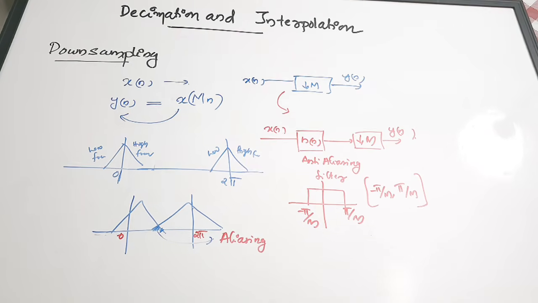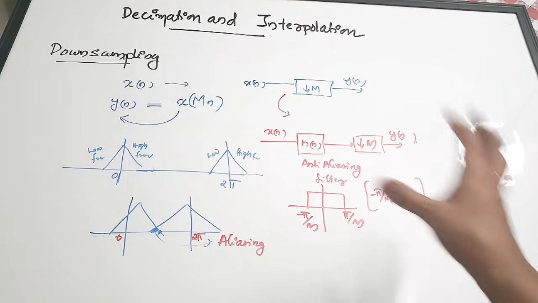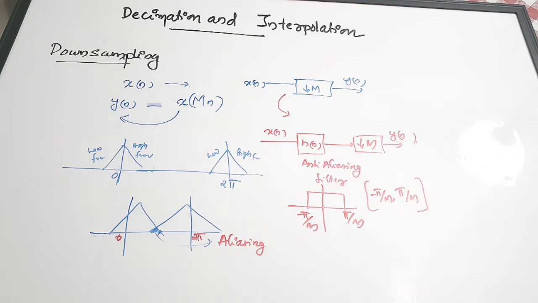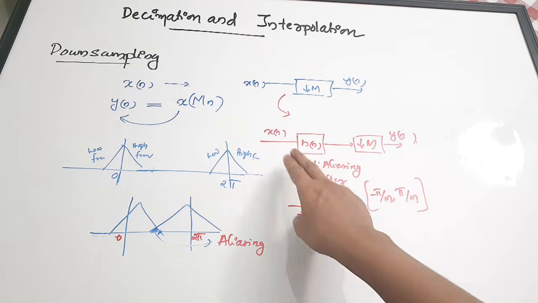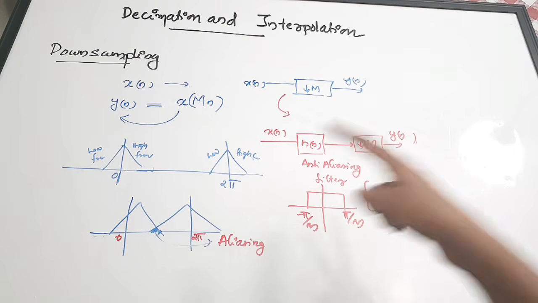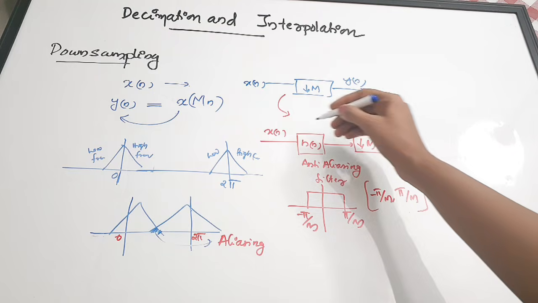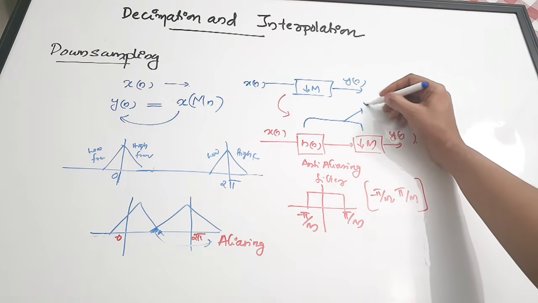Since we band limit our signal, aliasing will not happen while the downsampling is being performed. So that is the advantage of using an anti-aliasing filter. Together, this anti-aliasing filter plus the downsampling block gives you the process of decimation. So together these two processes give you decimation.